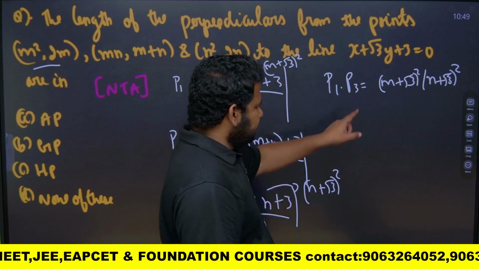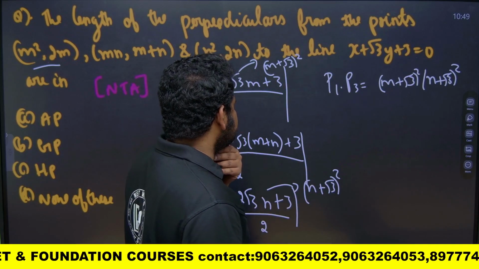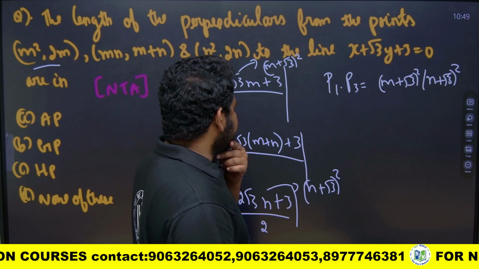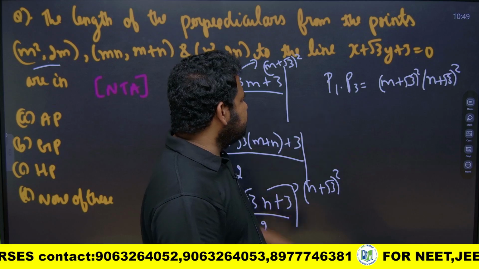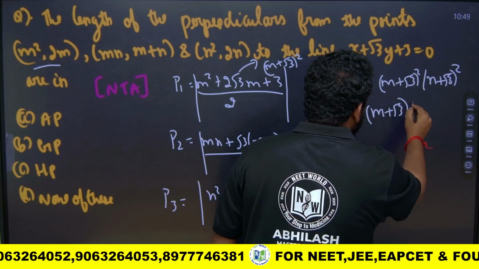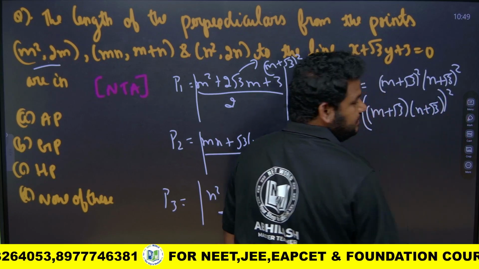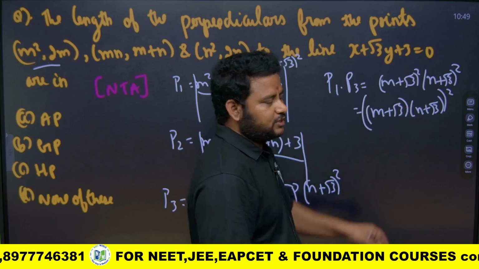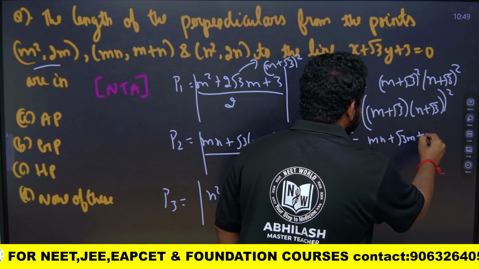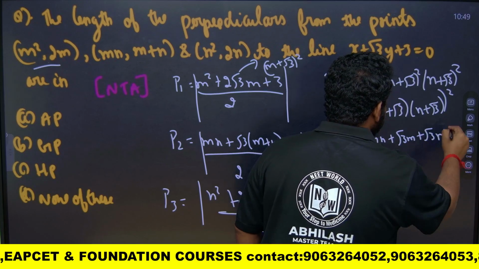I can write it as m plus root 3 into n plus root 3, the entire thing whole square. First let me calculate m plus root 3 into n plus root 3. I will get mn plus root 3m plus root 3n plus root 3 into root 3, which is 3.